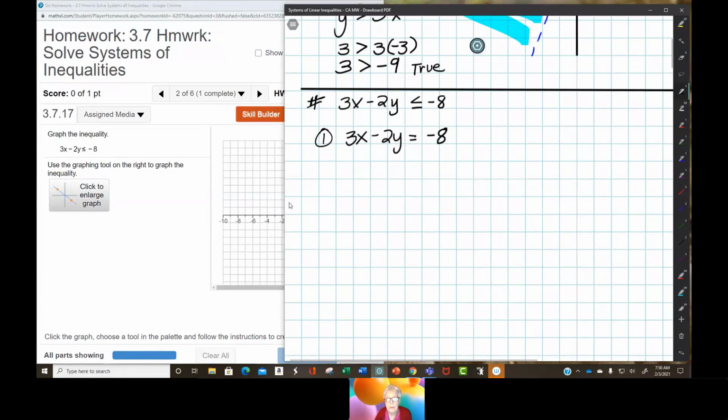Now, I am going to make an X and a Y table, but I don't have to. I could also go ahead and change it to slope-intercept form and put it in my calculator and find 2 points that way. But I'm going to stick with my X and Y form.